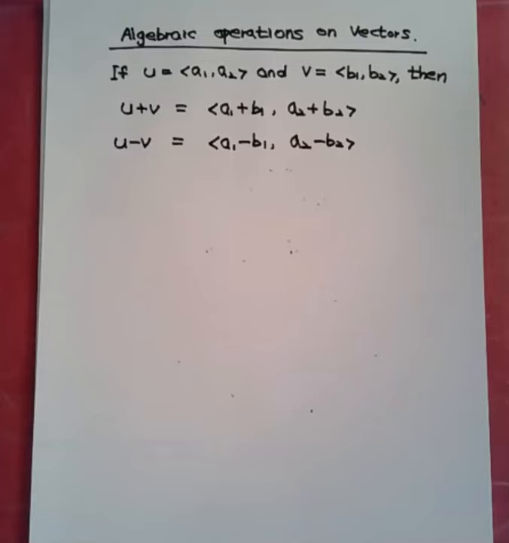So far, we learned about how to express the vector in component form. When we express vectors with component forms, we can add and subtract two vectors. We can think about the algebraic operations on vectors. Let's suppose that u is ⟨a1, a2⟩ and v is ⟨b1, b2⟩.